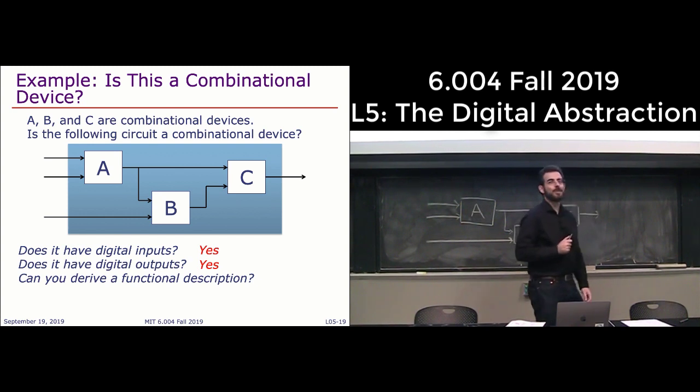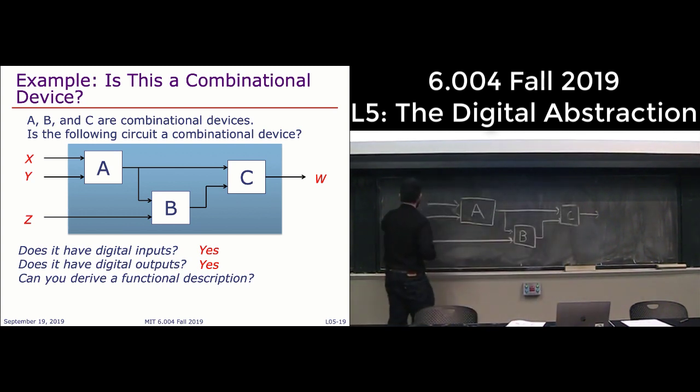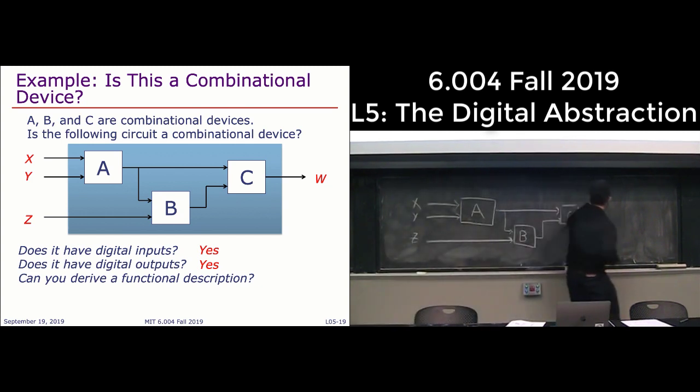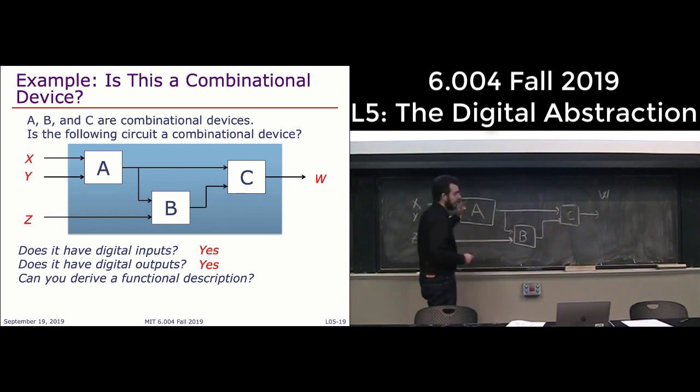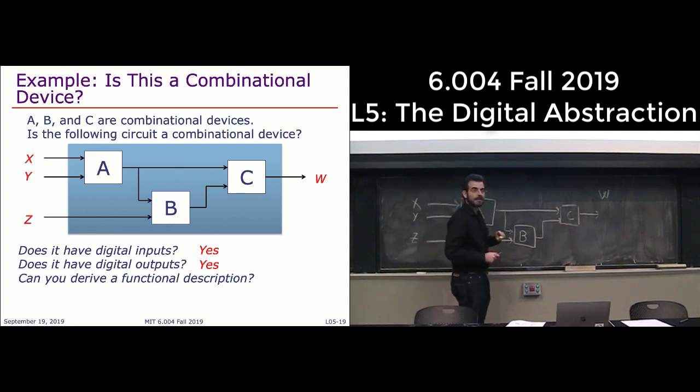This is a little bit more complicated. So let's go through it. If we name these inputs X, Y, and Z, and we name the output, let's say, W, let's start with A. What value do you have here?